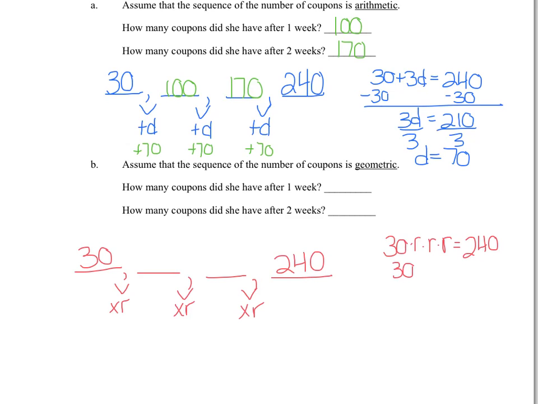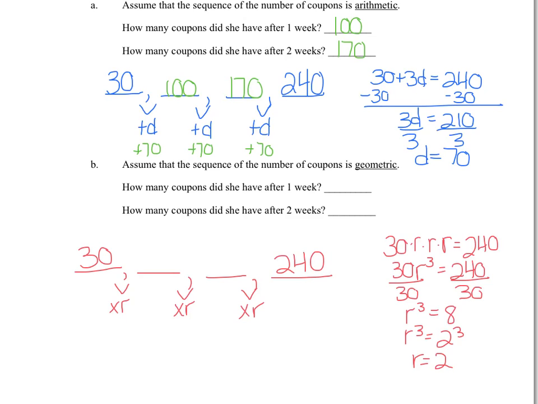Well, this is 30 r to the third, which equals 240. And the first thing I'm going to do is divide both sides by 30. So I'm going to get r to the third equals 8. And what I know is r to the third also equals 2 to the third, because 2 to the third equals 8. Since they have the same exponents, r must equal 2.